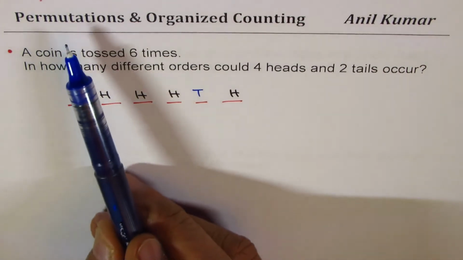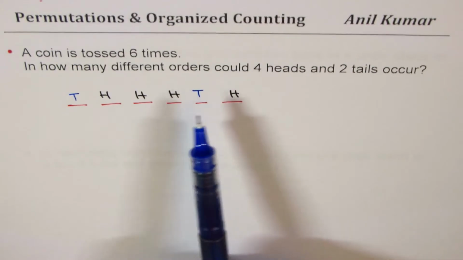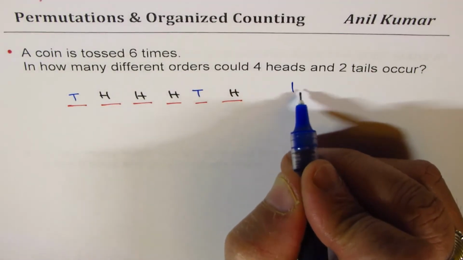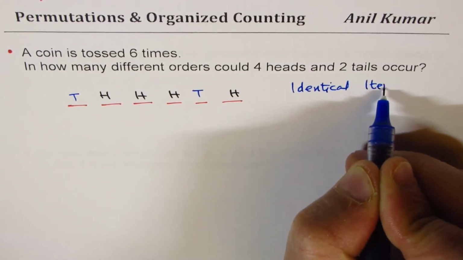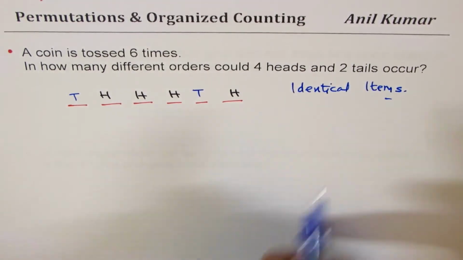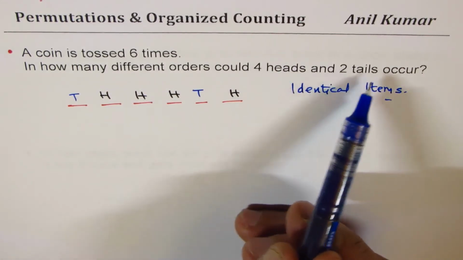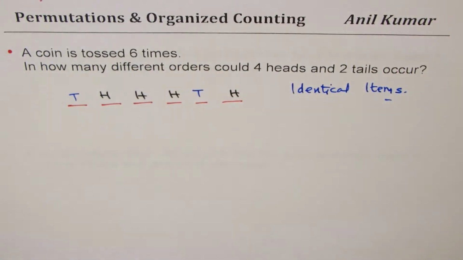Now, if you're looking at positions, permutations, then you could treat this as items being repeated, right? So we have identical items. Is that okay? So if there are identical items, we're talking about 4 heads and 2 tails out of 6 items, then how can we do it?